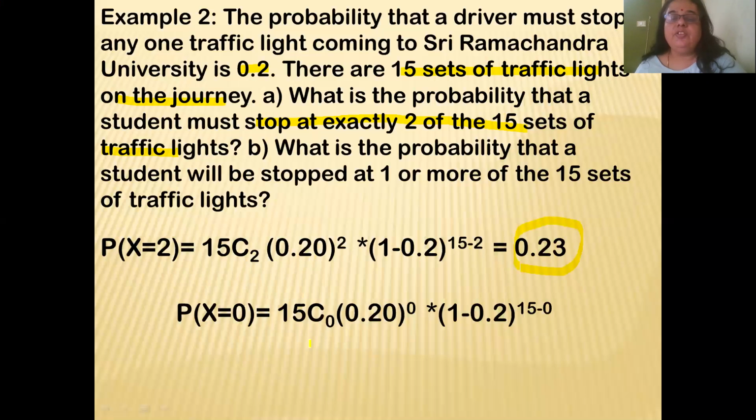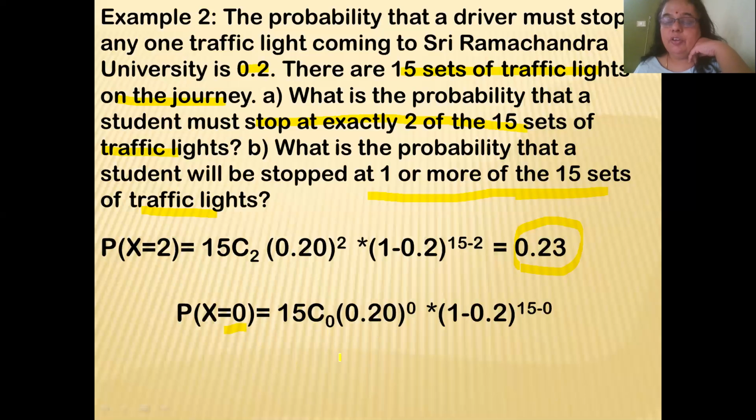Now, what if the student stops at one or more of the 15 sets of traffic lights? One or more means you have to add the probabilities P of 1, P of 2, P of 3, till P of 15. That is a long procedure, but there is a simpler method. You calculate P of x equal to 0, that is 15C0 into 0.2 to the power of 0 into 1 minus 0.2 to the power of 15 minus 0.